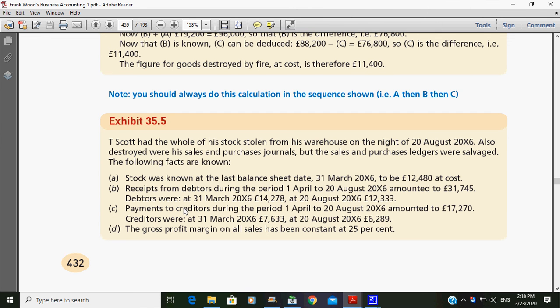Payments to creditors during the period April 1 to August 2006 amounted to 17,270. Creditors at March 31, 2006 were 7,633. At August 20, there were 6,289. The gross profit margin on sales has been constant at 25%.